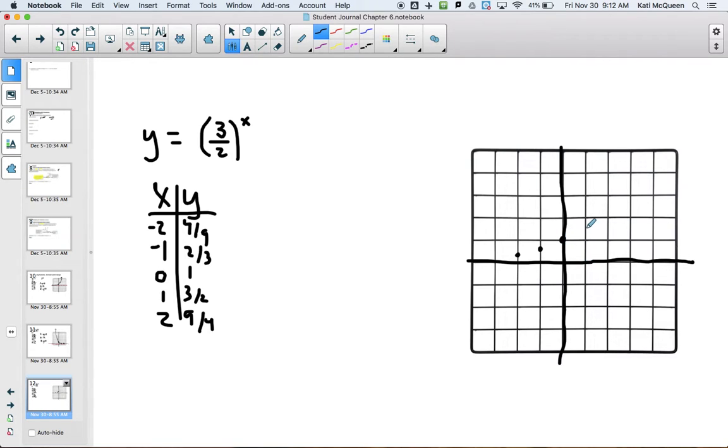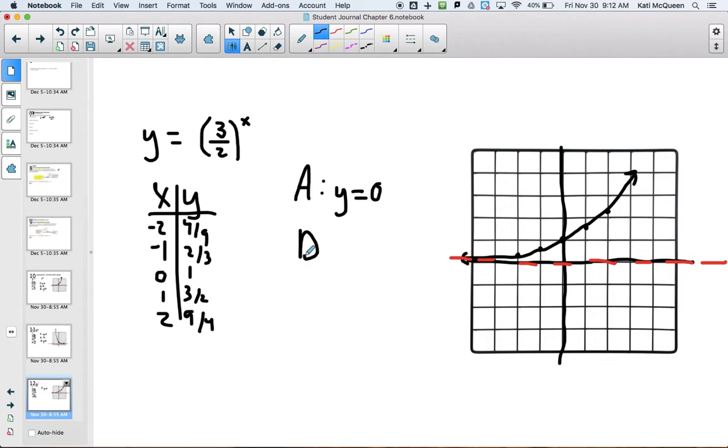I know that 3/2 is 1.5, and 9/4 is bigger than 2. Then notice this is growing a little bit slower, but still has that exponential growth pattern. The asymptote is at 0 because no x value is ever going to make that function negative. So my asymptote is y equals 0.